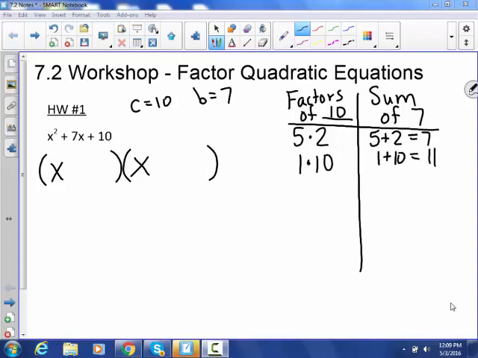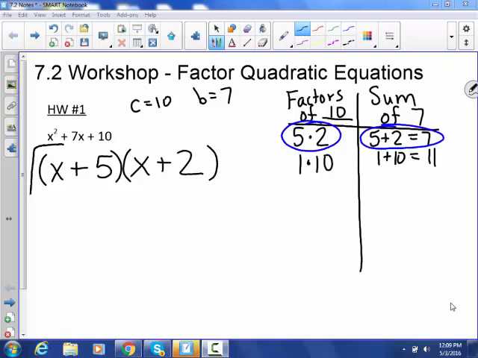So the ones that are going to work are the 5 and 2, because when I multiply them they equal the C term, and when I add them they equal the B term. So the way this would look is, since both of those are positive, both of these signs are going to be pluses, and it's plus 5 and plus 2. And that's the answer.